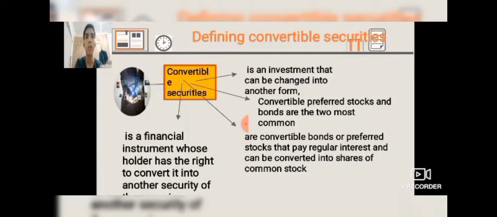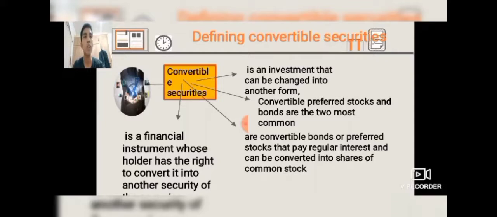I have an example about the advantages and disadvantages of convertible securities. Advantages to the corporation of convertible securities are a lower interest rate paid than on a straight bond, maybe the only means for small corporations to gain access to the bond market, and it is attractive to a corporation that believes its stock is currently undervalued.